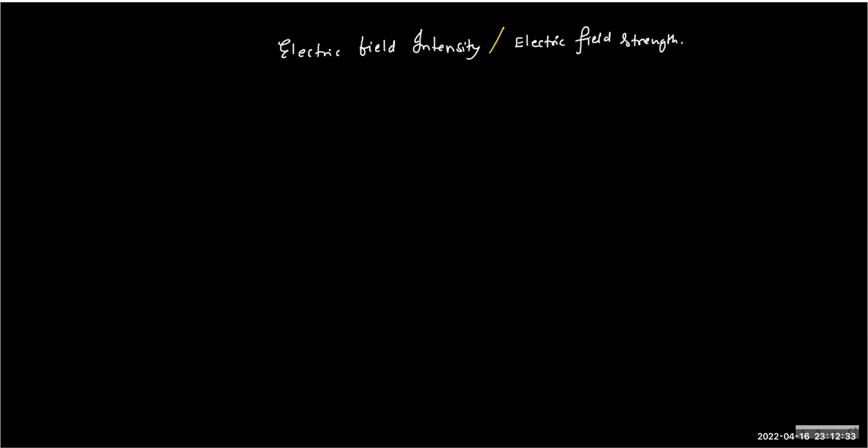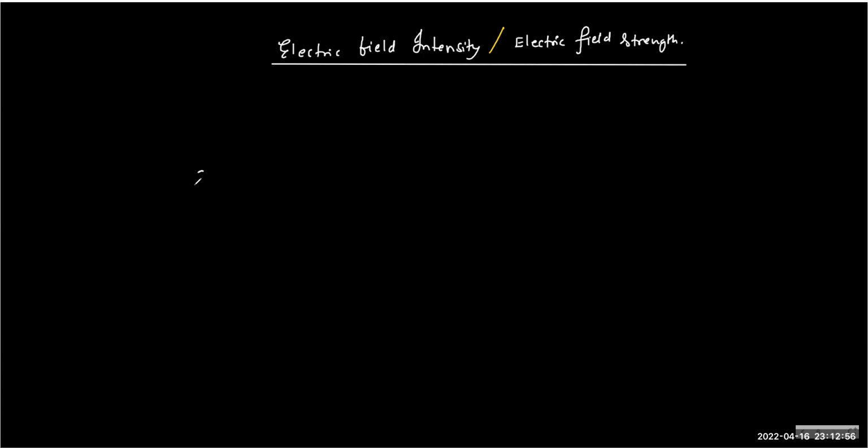These two are the same thing, just a way of saying. Intensity basically refers to how strong the field is or how weak the field is. That is what we are trying to refer to. So electric field intensity or strength is measured in terms of force itself.